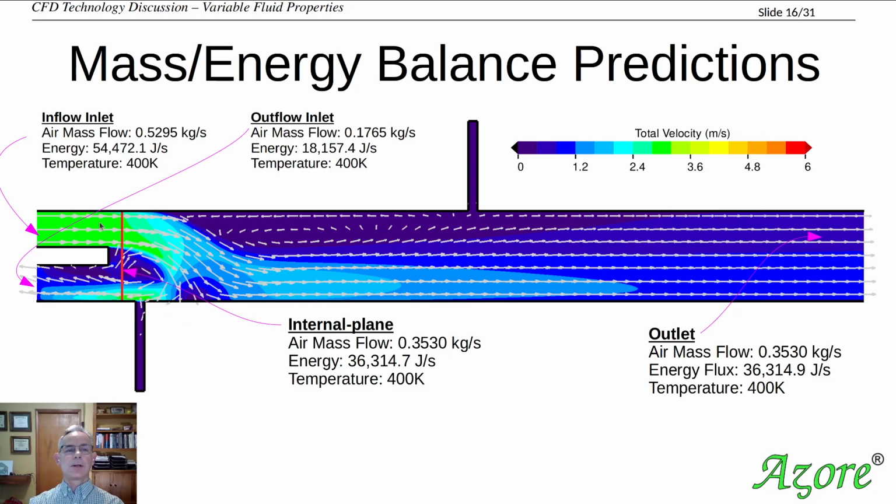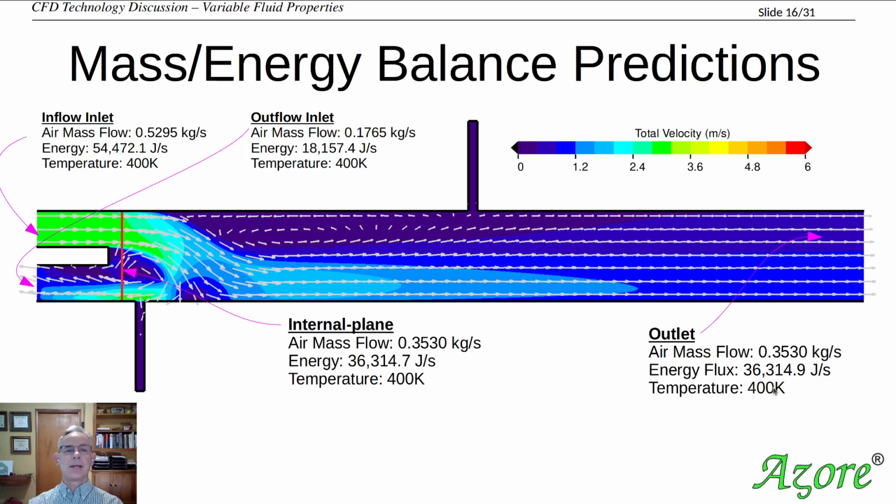We can also come up with the amount of mass coming through, the amount of energy coming through, and the temperature as well. Since we only have one system going through here, starting at one temperature with no energy transfer, it's all at 400 degrees. Based on the energy balance here and here, we can come up with these values, and we can see that the temperature did not change.